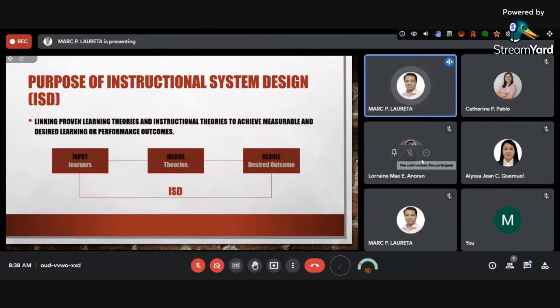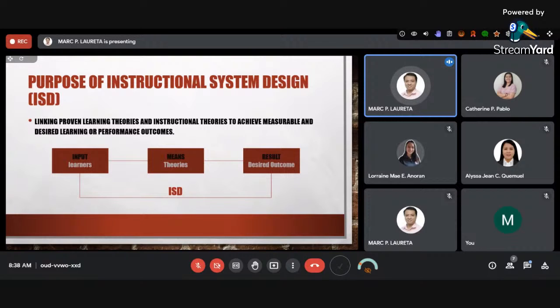So as you can see, guys, instructional system design will connect input, means, and result together for effective learning or performance solutions. In terms of input information, we have the learners, or what we call the learners' characteristics and learners' prior learning experiences.